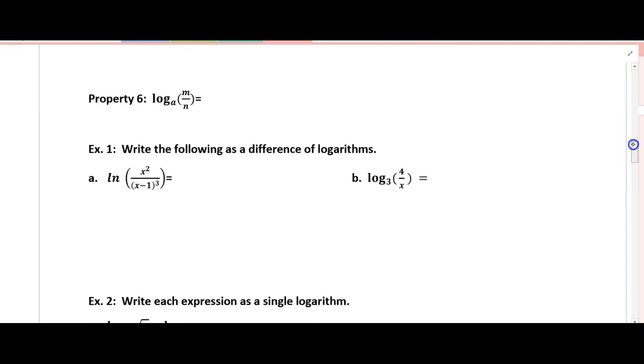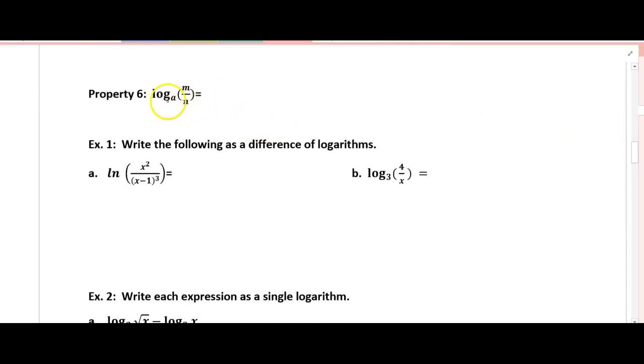The next property, log base a of m over n. Anytime we do this and break it up, if this is division, we end up subtracting. So it'd be log base a of m minus log base a of n. So right here, remember, natural log is the same as log base e, but we can keep it as a natural log.